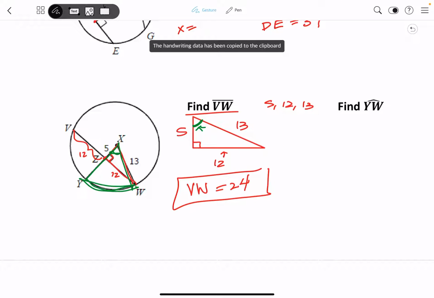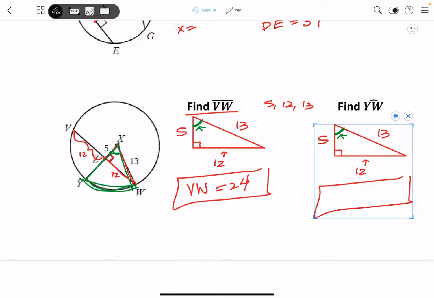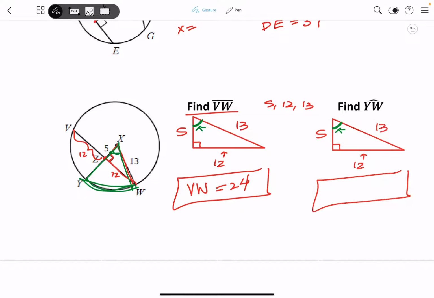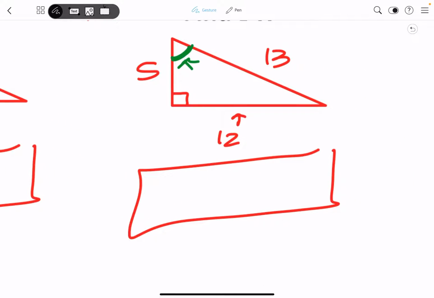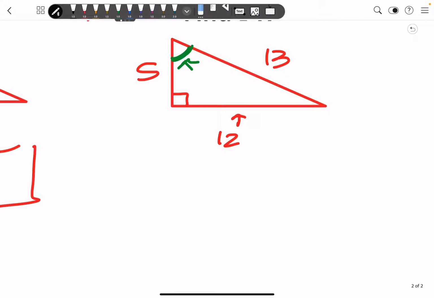Well, how do we find the measure of an angle if we've got its side lengths? If you don't remember, I'll tell you. Kind of sounds like staccato. Yeah, that's right. You're going to have to do SOH CAH TOA. And we have to figure out which one we're working with.